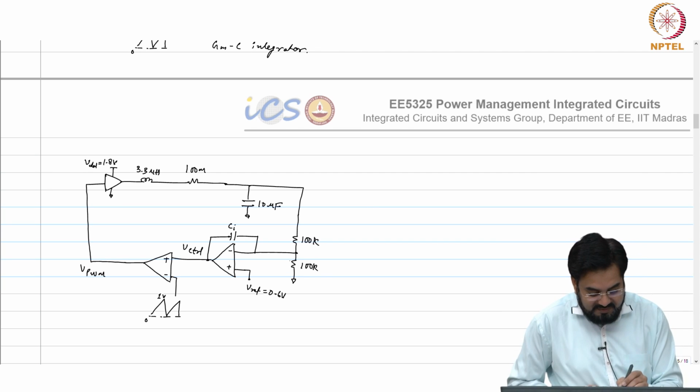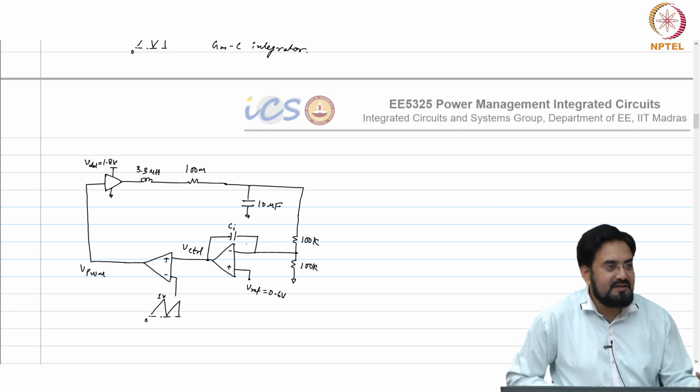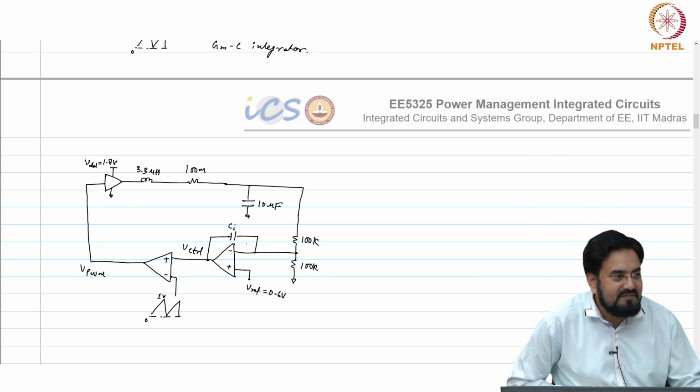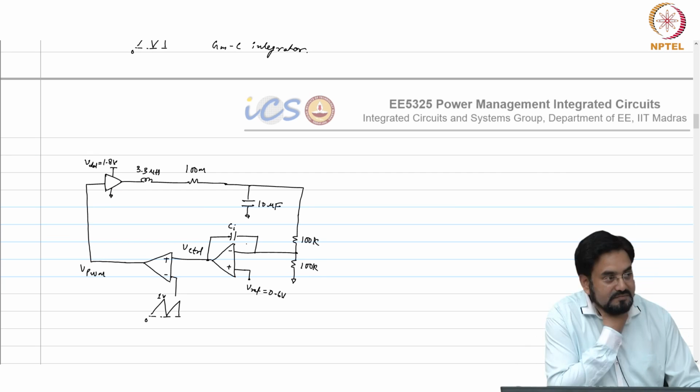So you replace this op-amp feedback resistor with R and C, and C is very high. So you will get a first order low pass filter with a very low cutoff frequency, and that is nothing but an integrator. What is the beta factor here?